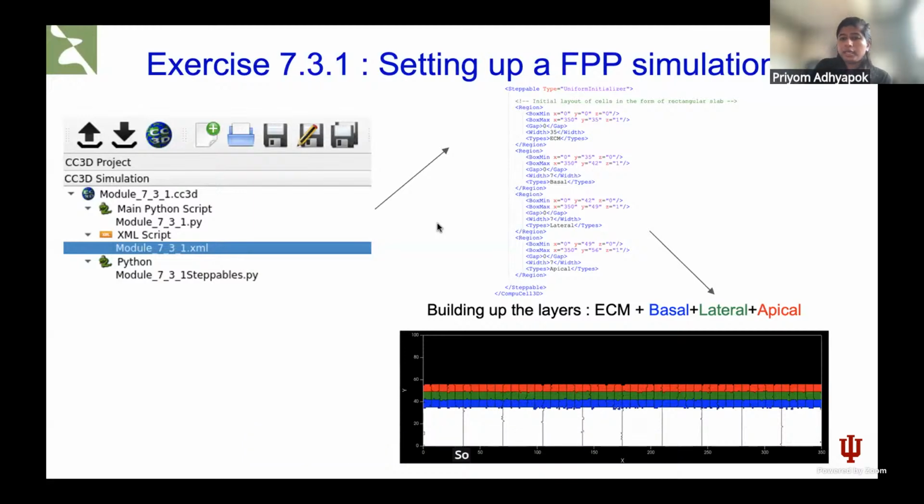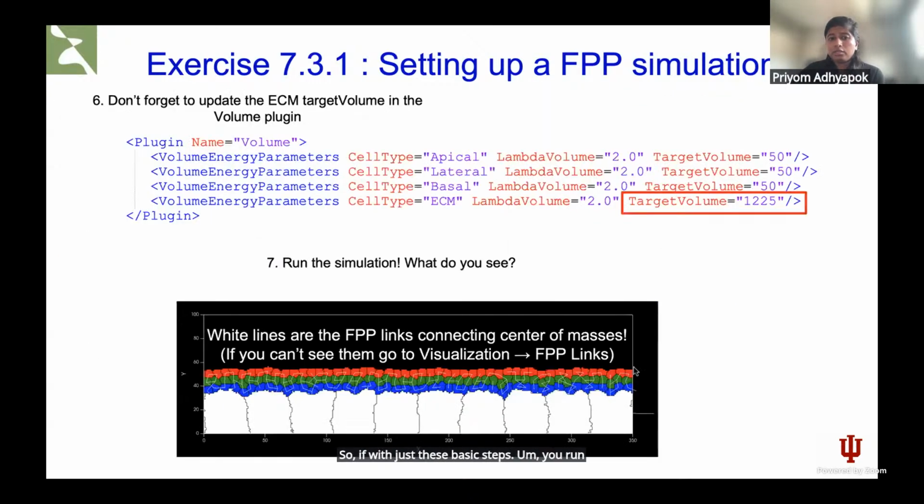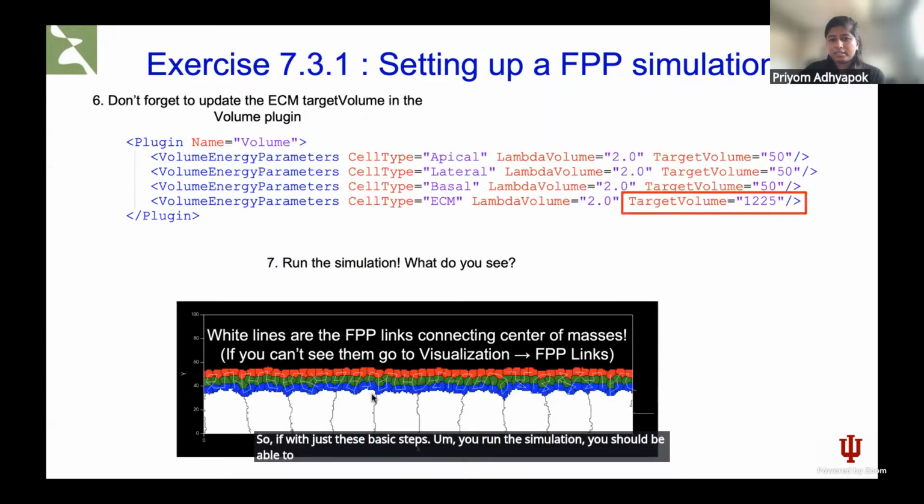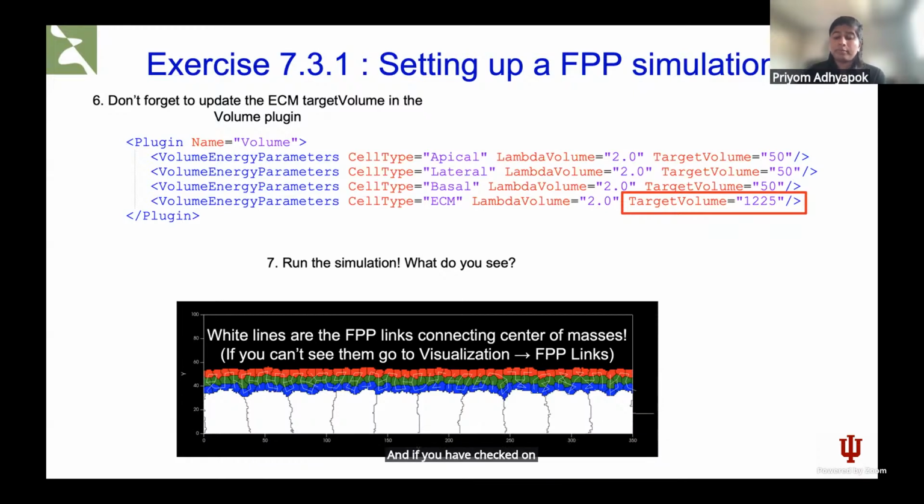So with just these basic steps, if you run the simulation, and if you have checked on that the focal point plasticity link should be visible, you should be able to see a bunch of white lines between your cell types.